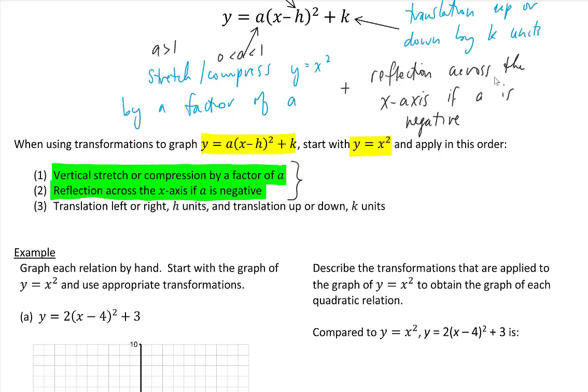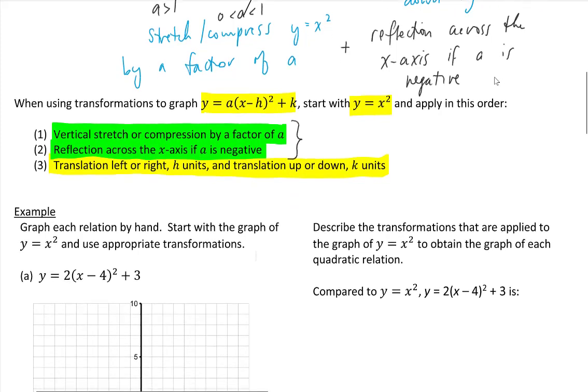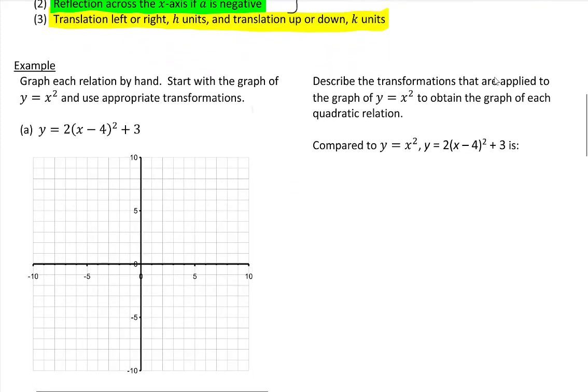And then finally, a translation left or right h units and a translation up or down k units. So that's what we're going to practice with the next few examples, transforming the graph y equals x squared into the quadratics given in the examples.